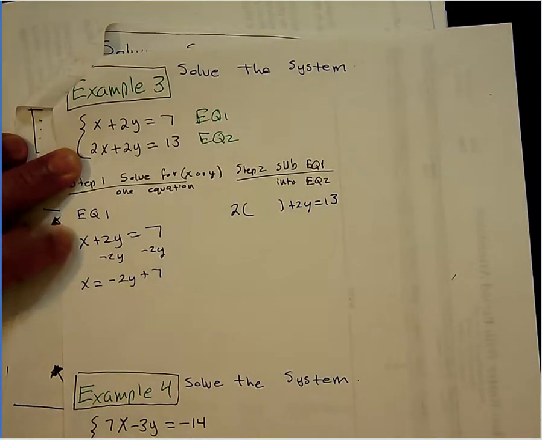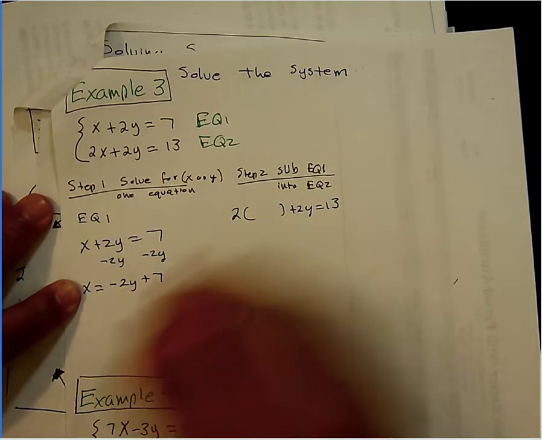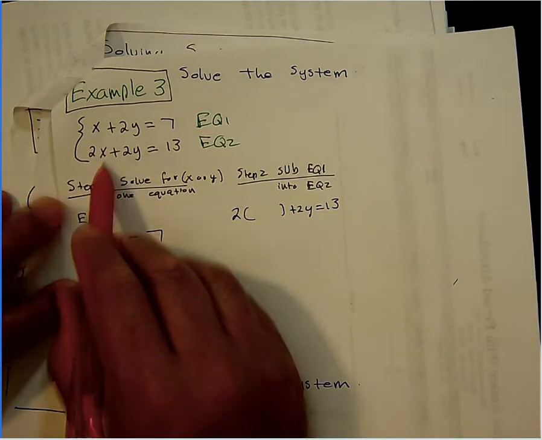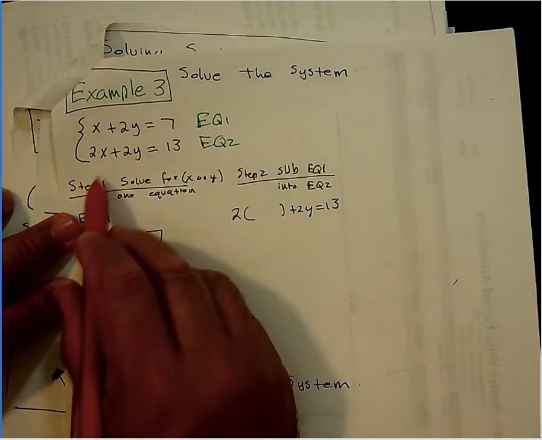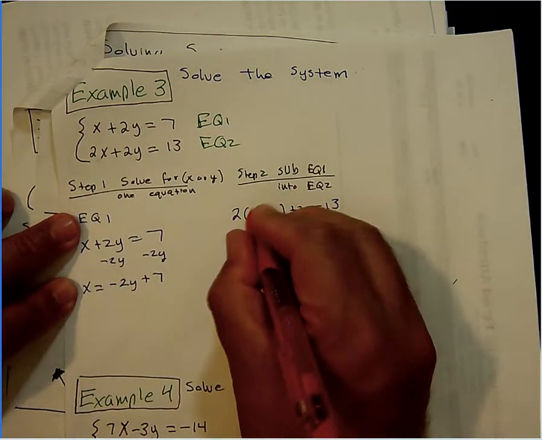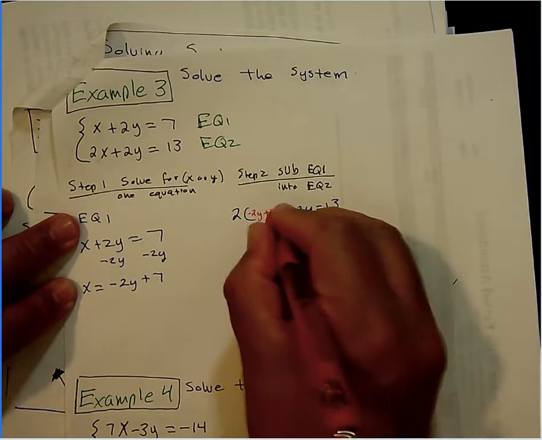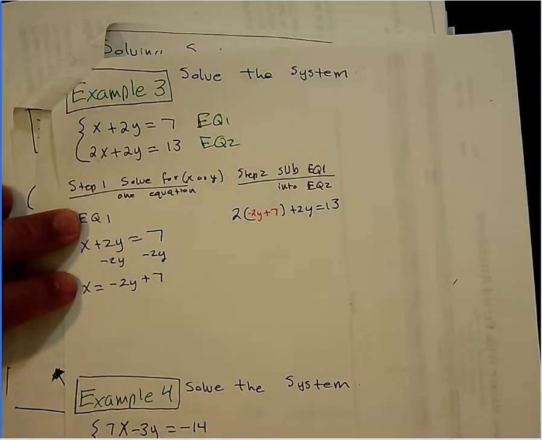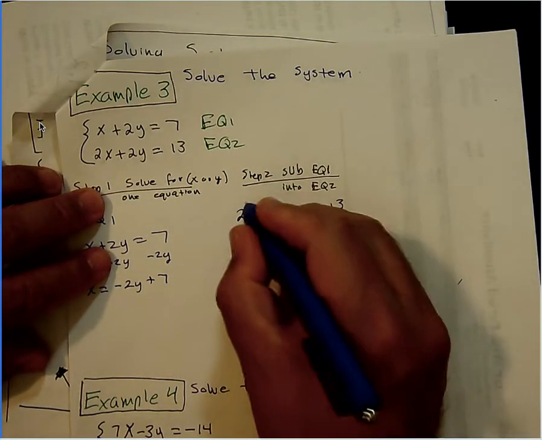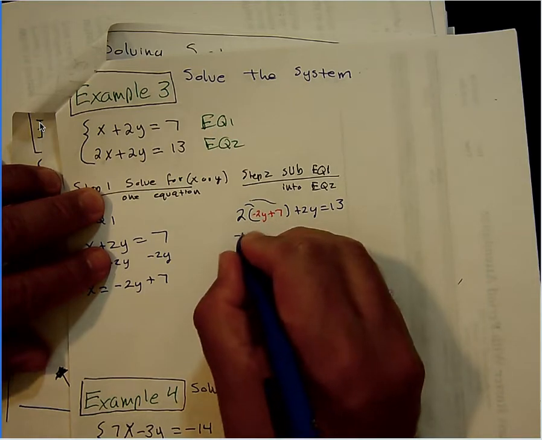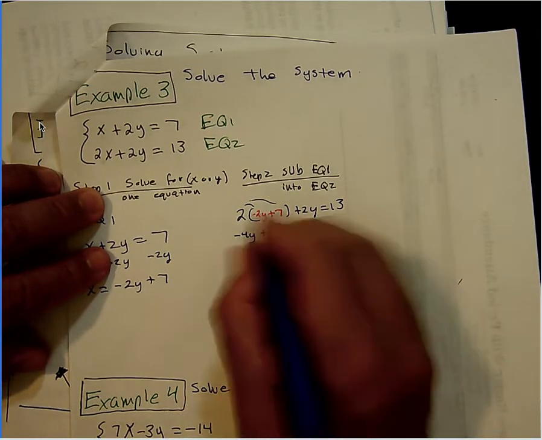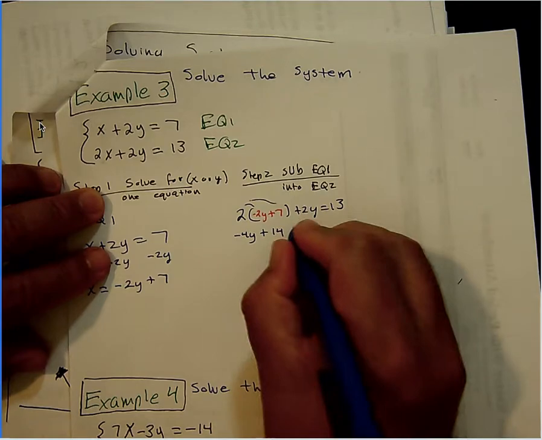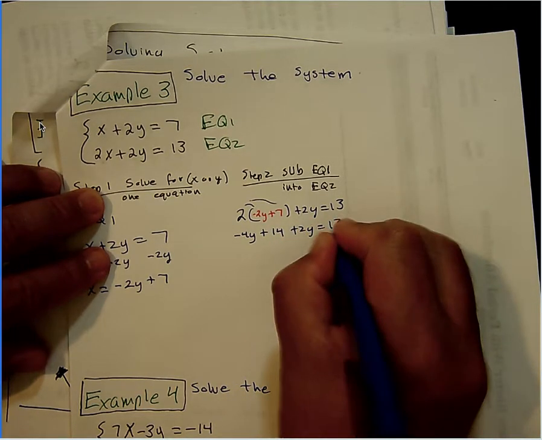What goes inside the parentheses is the equation that we solved for. So instead of having that x, we're going to have -2y plus 7. Now distribute, so negative 4y plus 14 plus 2y equals 13.